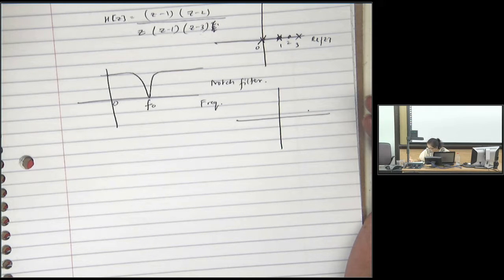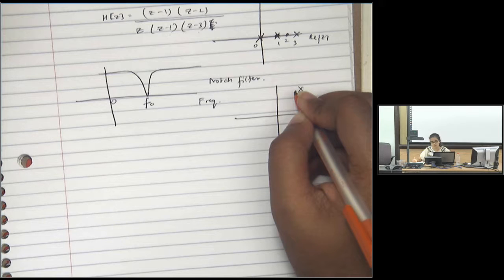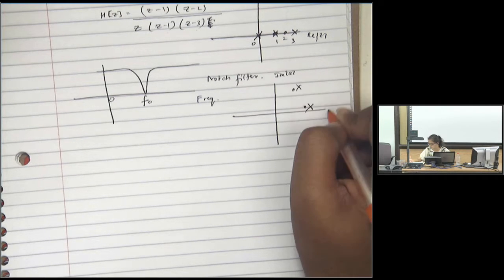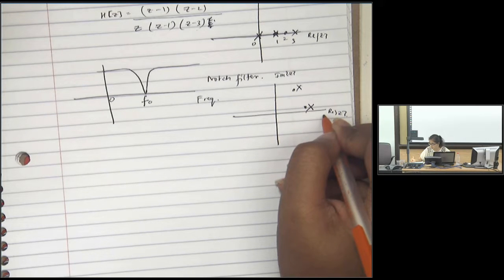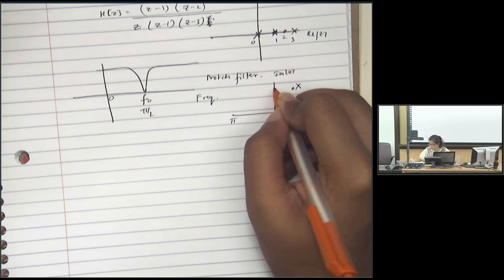So the poles and the zeros are very close to each other, wherever this frequency is. And this is the Z domain. This frequency runs from 0 to pi, in terms of radians. Let's say this is pi by 2, so I'll have a pole and a zero here.